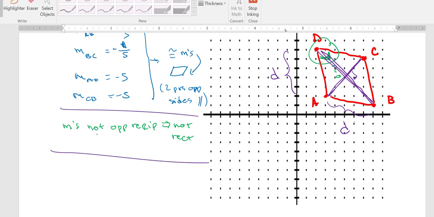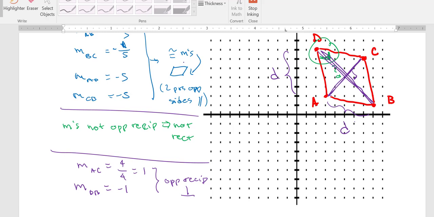So the slope of AC ends up being equal to 4/4, which is just 1. And the slope of DB, if I do the slope there, I'm going to end up with -1. So these are opposite reciprocal slopes, and therefore those two diagonals are perpendicular to each other.